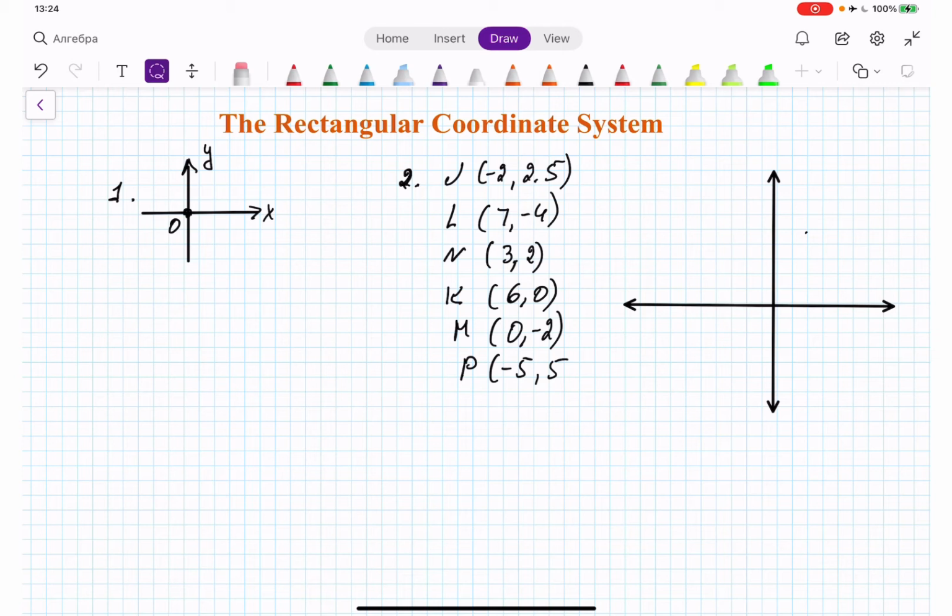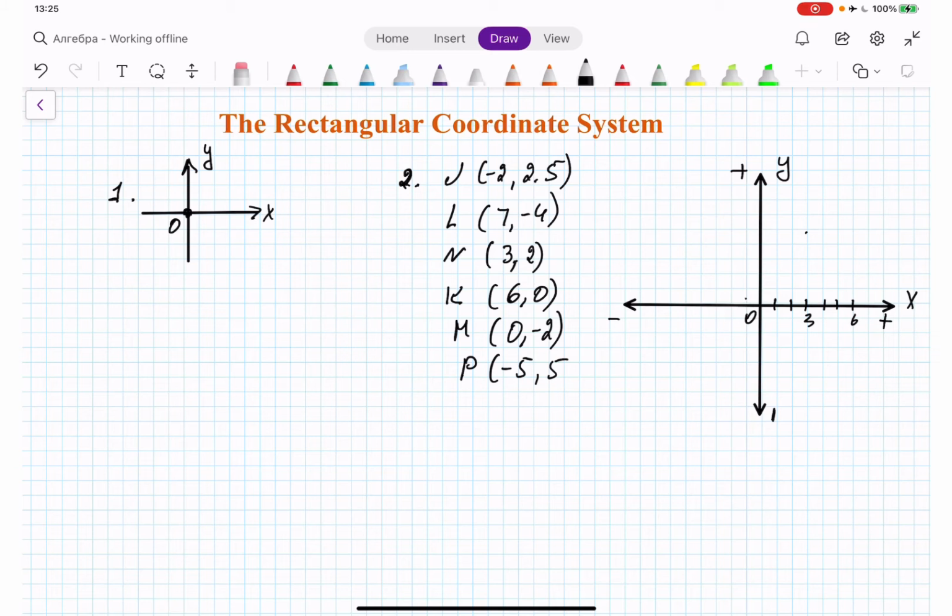So what we have is the center, the origin, 0, breaks down the negative axis from the positive axis, right? Same way is y. It starts with negative, and moves to positive. So here is positive 1, 2, 3, 4, 5, 6, okay?